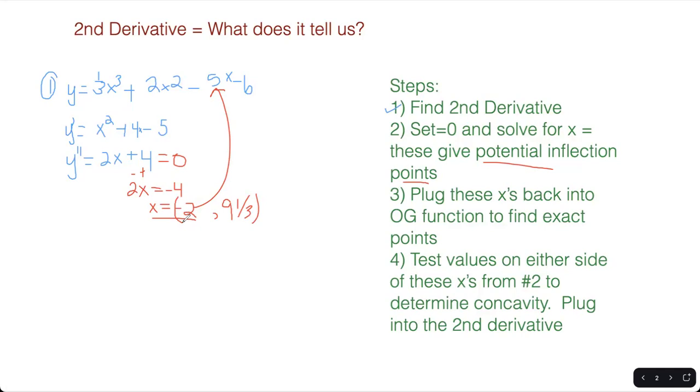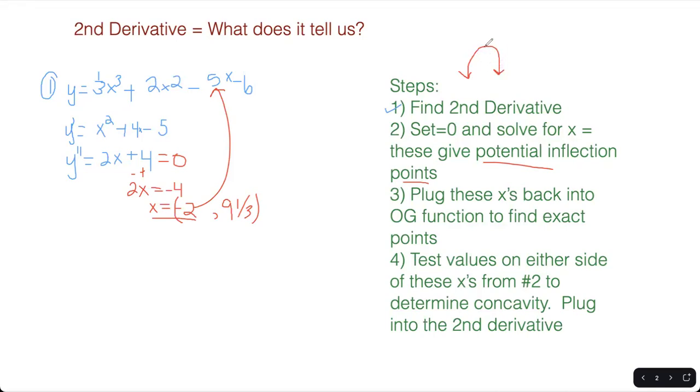So now we're going to test to actually determine if this is an inflection point and determine the concavity. I know we didn't get into what the concavity was, but just to understand the concavity, if you want to draw this example, this would be a concave down. Concave down would be like this because it's going downward.